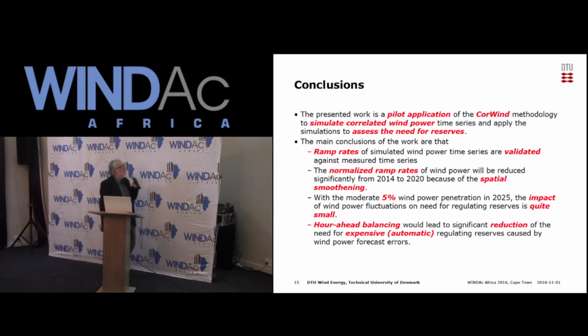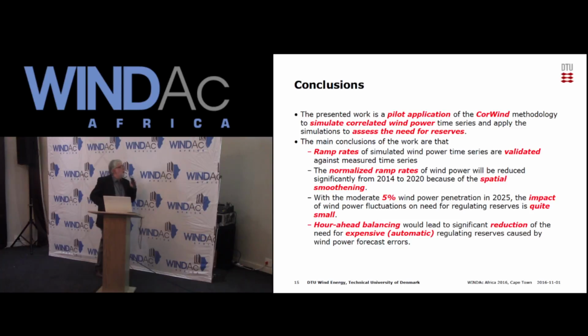Also, the smoothing effect was shown here. If we normalize with the installed wind power capacity, we get a reduction of the ramp rates and the forecast errors. With this moderate 5% wind power penetration, we also concluded that the impact of wind power fluctuations on reserves is very small.